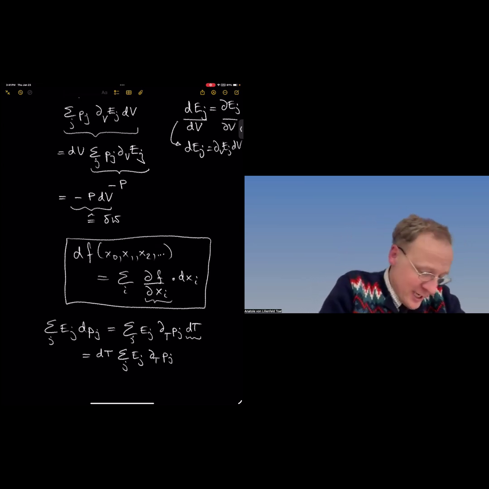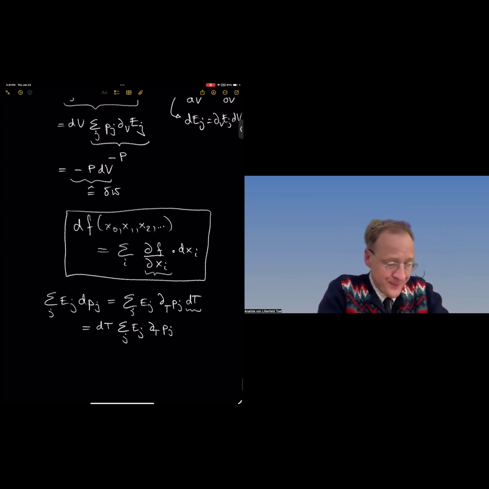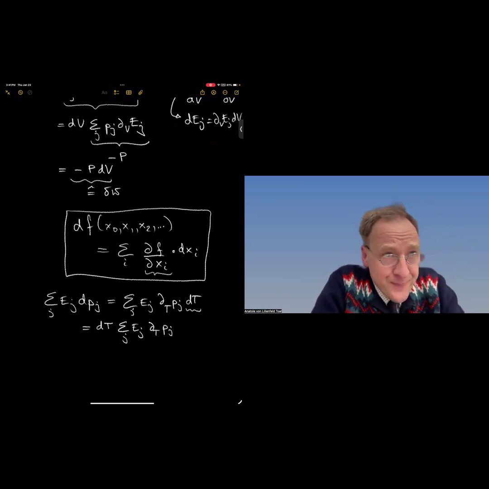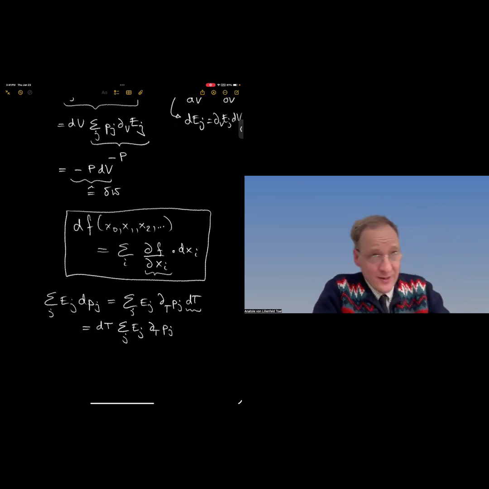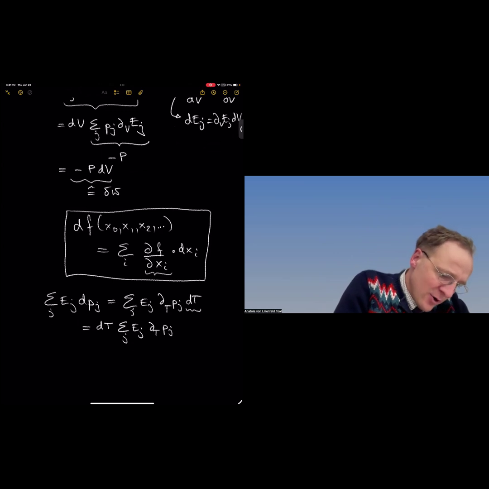So we are differentiating Pj, but Pj clearly is a function of the temperature, but Ej, the energy, is not. So for this derivative, Ej is just like a prefactor. So I can also write it like this.